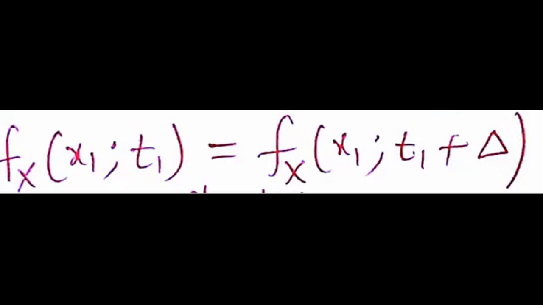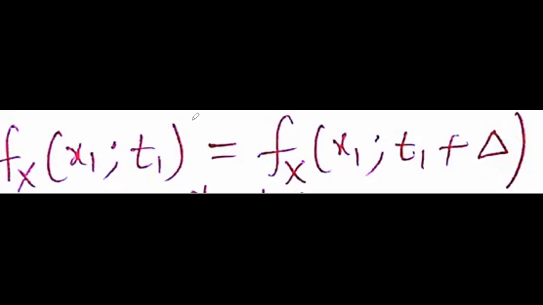So see, if it is a first order stationary process, then it must be true for any t1 and any real number delta. So this delta is nothing but any real number, and it does not change with the time.